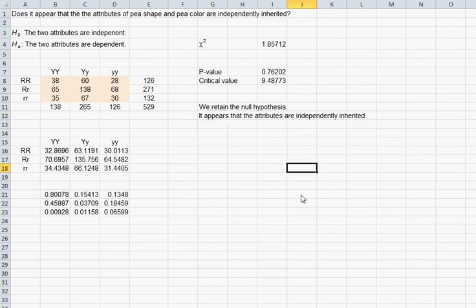So, in conclusion, there are two applications of the chi-square test. We can use the chi-square test to test a list of proportions that are assumed. That was described in the other video. Also, in this video, we've seen how the chi-square test can be used to test for the independence of two different attributes.